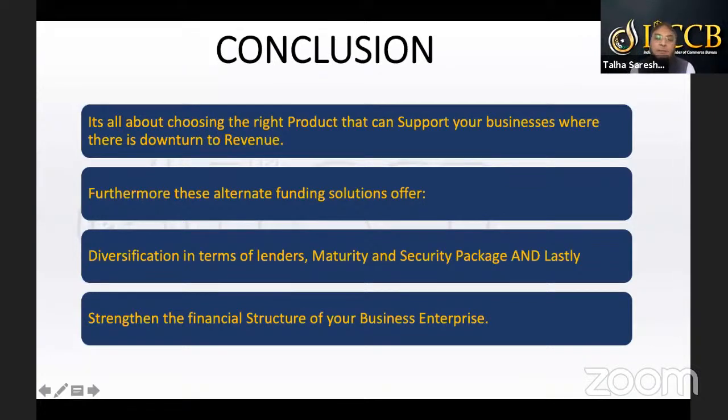Furthermore, these alternate funding solutions offer, as we discussed, diversification in terms of lenders, maturity, and security packages. And last but not the least, most important, it strengthens the financial structure of your business enterprise.